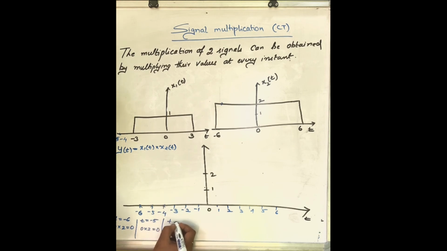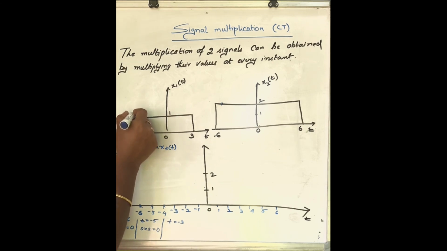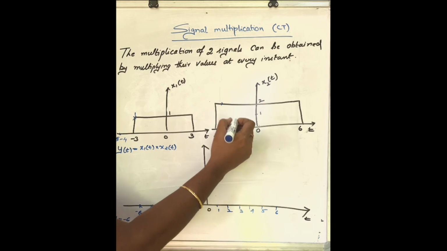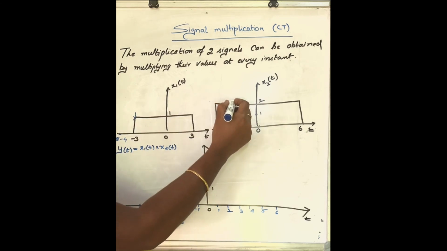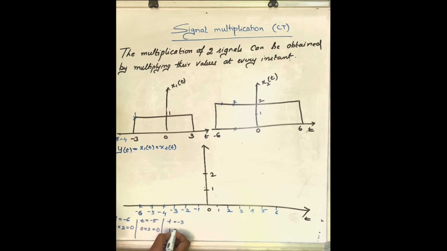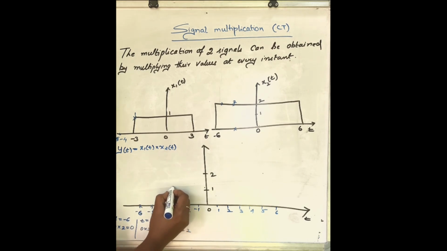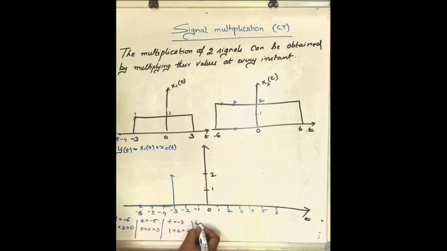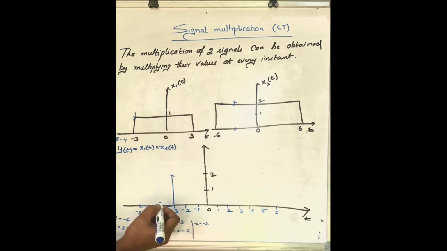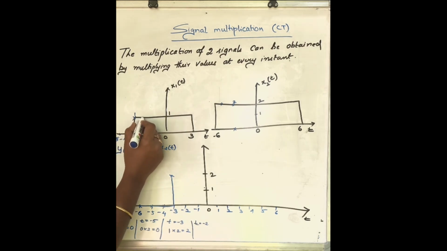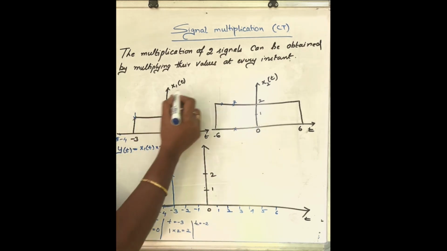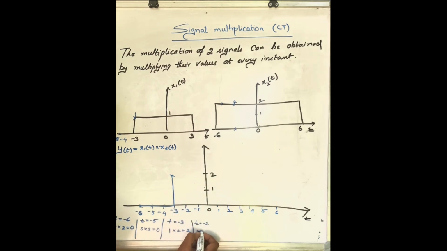Let's consider t is equal to minus 3. At t is equal to minus 3, the amplitude is 1, whereas here the amplitude is 2. So 1 into 2 will give you 2. Next, t is equal to minus 2. At t is equal to minus 2, you have 1 here and 2 here. So 1 into 2, again 2.